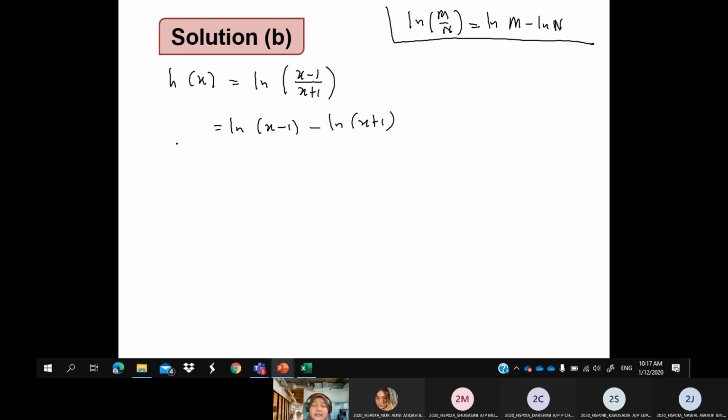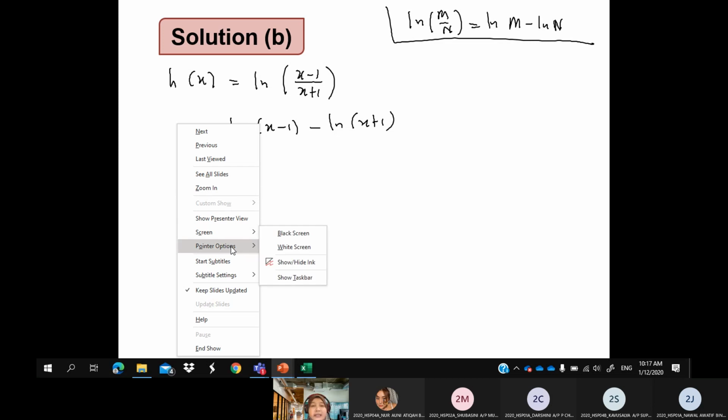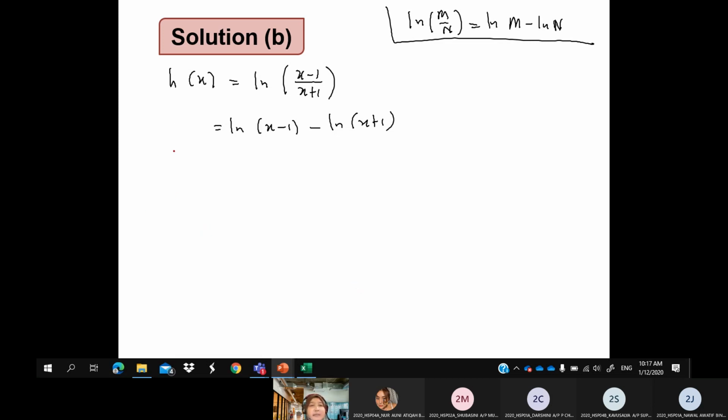And now we differentiate h. You will get h prime(x) equals 1 over x minus 1, differentiate x minus 1 to get 1, minus 1 over x plus 1, then differentiate x plus 1 to get 1. Now you get 1 over x minus 1 minus 1 over x plus 1.